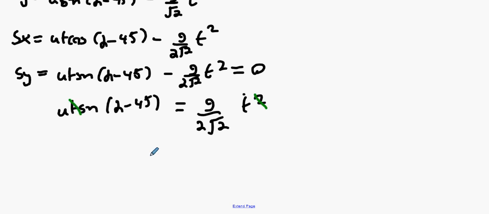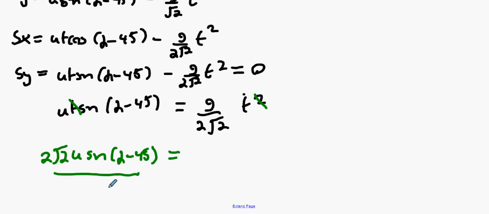And t equals 2 root 2 u sine alpha minus 45 all over g. So we'll check now. Anybody get the time of flight? We're all good.